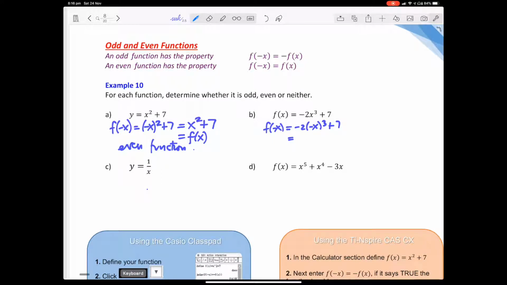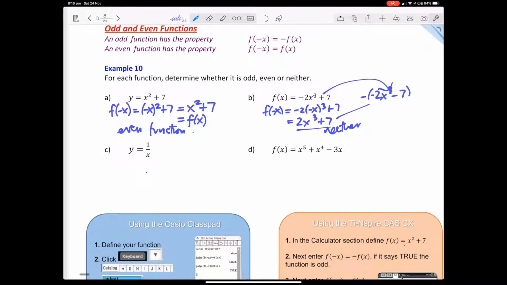When I cube negative x, I'm going to get negative x cubed, so that's going to be positive 2x cubed plus 7. So that's not positive f of x, and it's not negative f of x. It's neither. Because if I took a negative out, I get negative 2x cubed minus 7, and that's not the same as that. And if I just leave it as it is, they're not equal either, so it's neither.